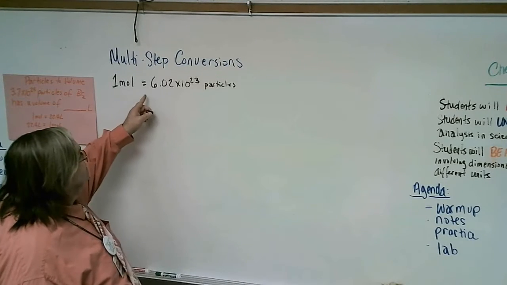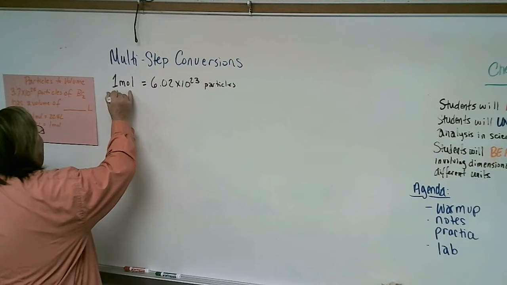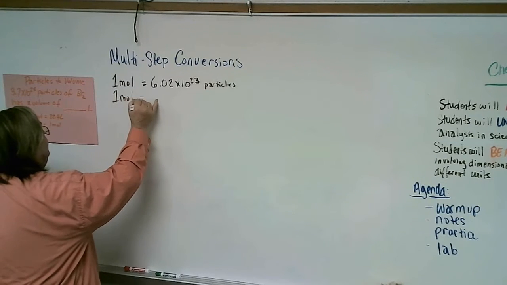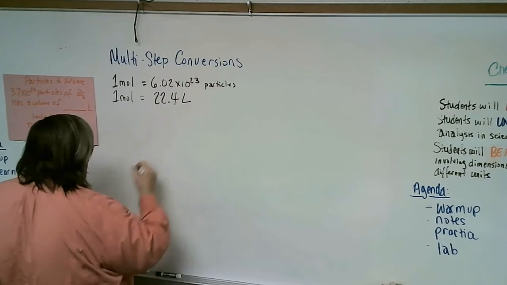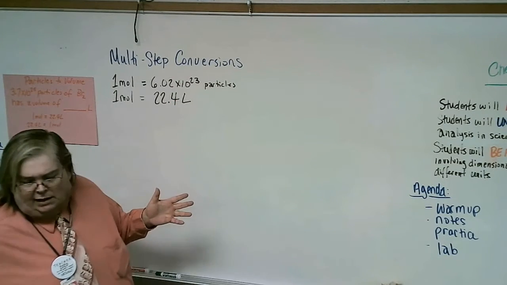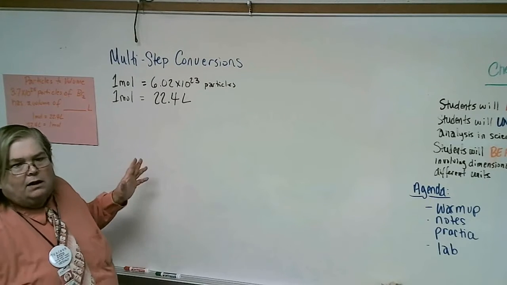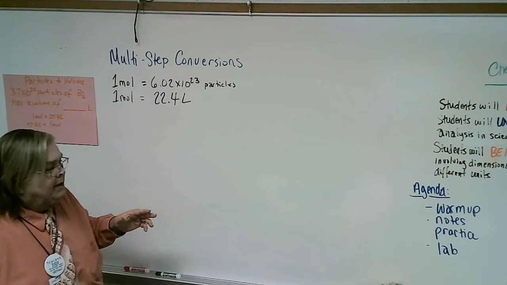We know that 1 mole is 6.02 times 10 to the 23rd particles, but 1 mole is also 22.4 liters. Knowing that, we can work with our problem and solve.